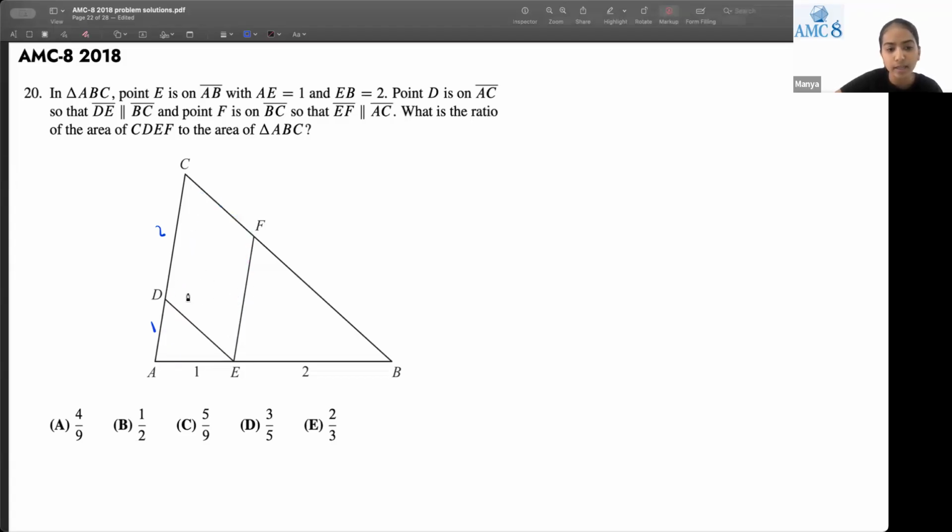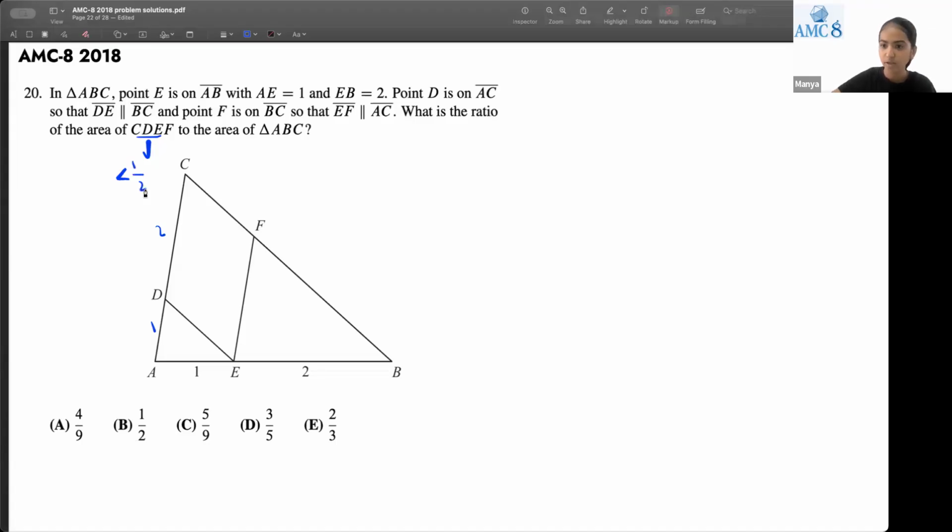But we know that this side is going to be lesser than both of these areas combined. Because if we divide this triangle in half, this triangle and this triangle, both combined will be less than these two triangles. So this proves that CDEF is going to be less than 1/2 of the total area.